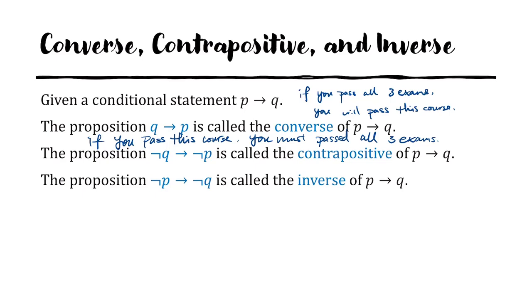Doesn't sound right, and I think that's just because of the tense, right? So if you're saying that, if you pass this course, then you must have passed all 3 exams, then it will make sense.